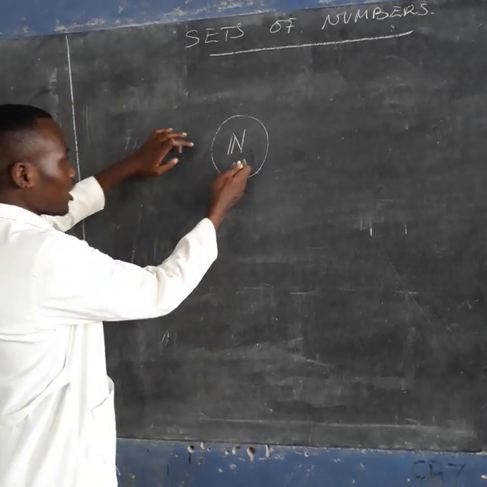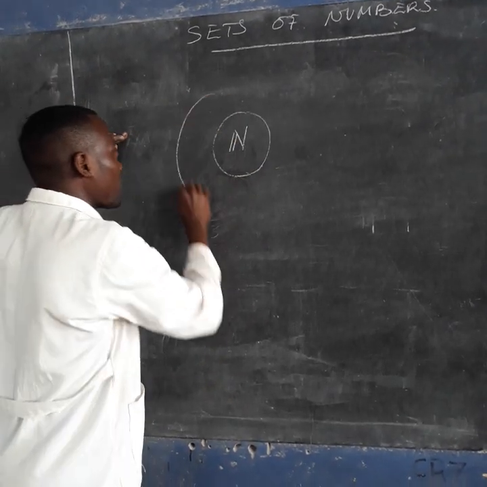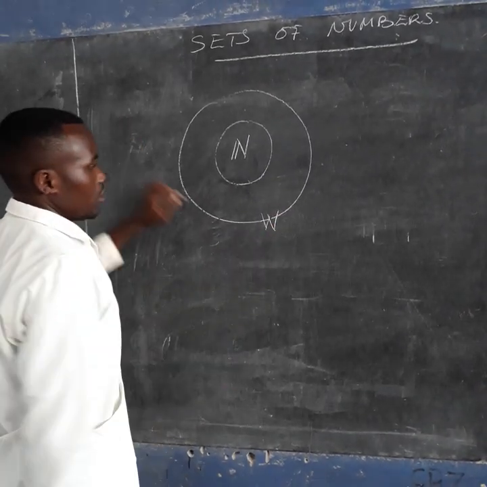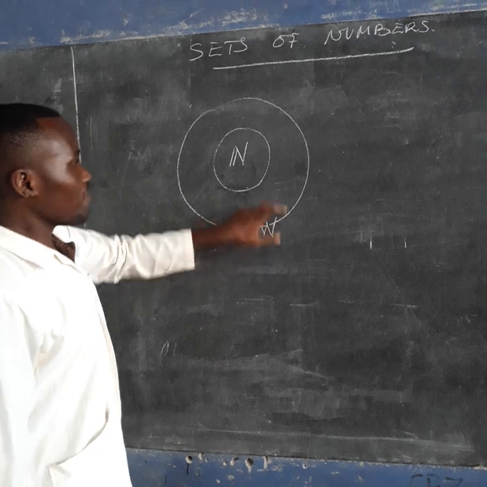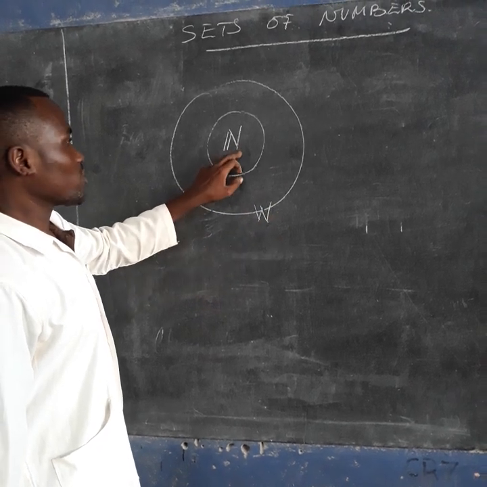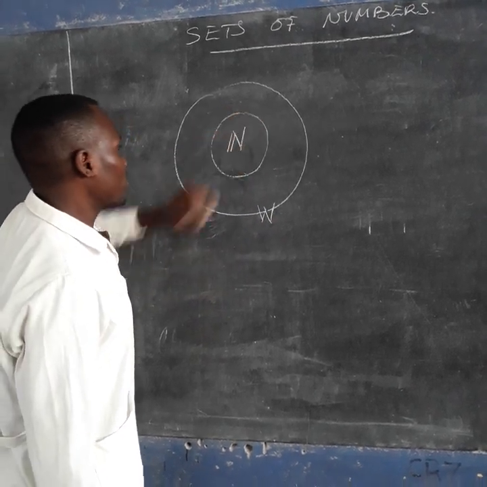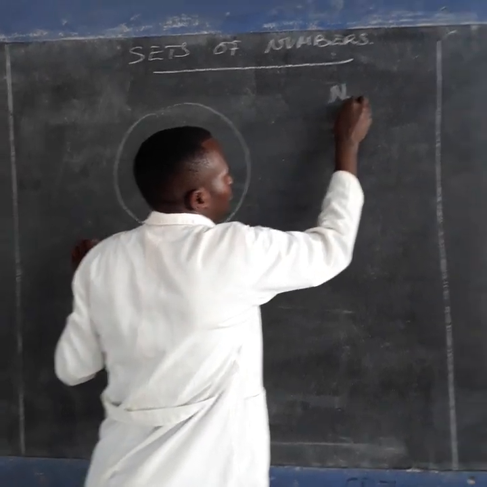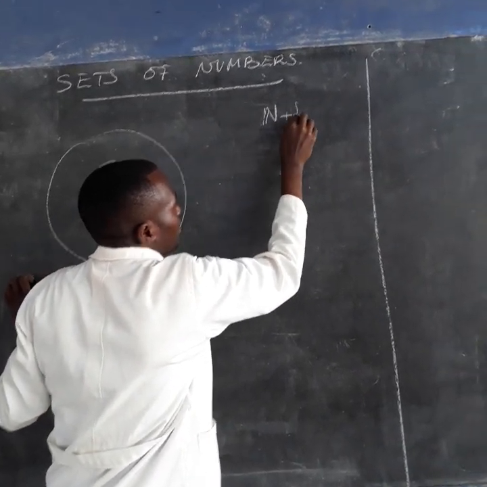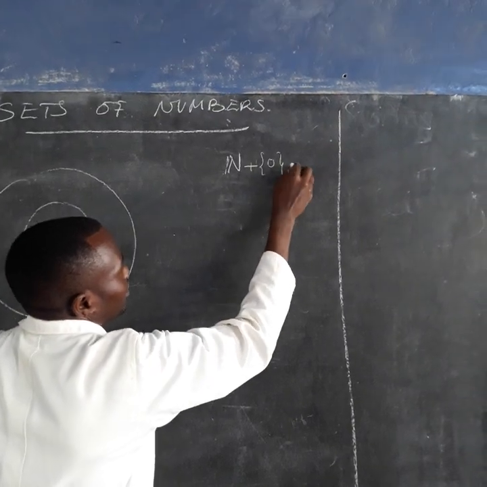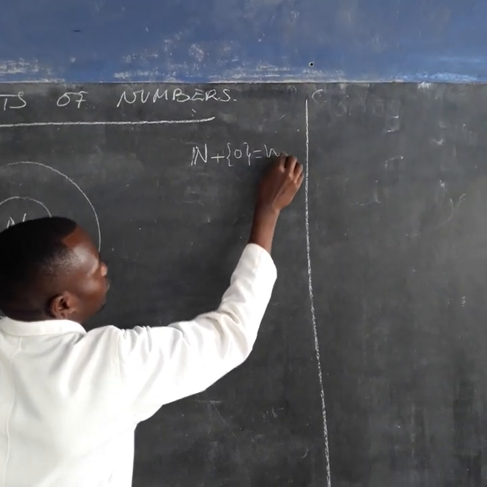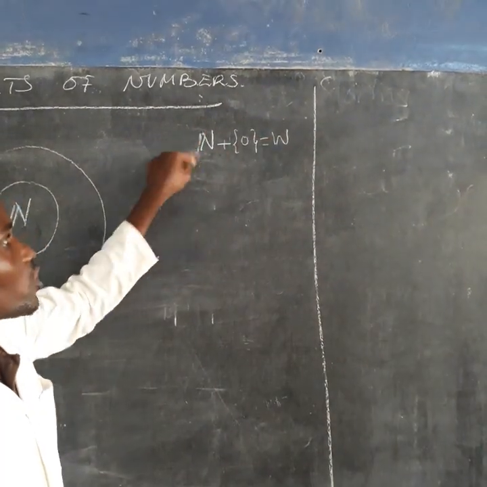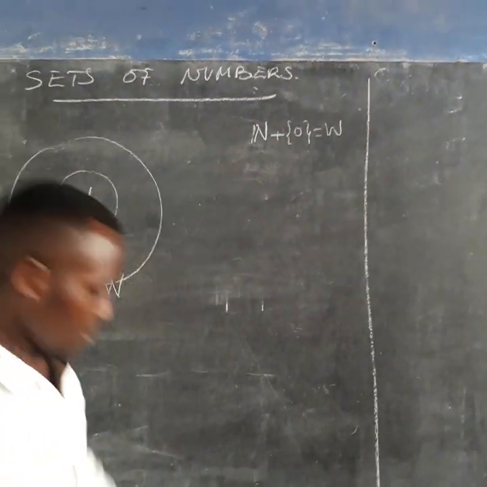So the natural numbers set is smaller than the whole numbers set. When we take natural numbers plus an element 0, we get whole numbers. In that case, the whole numbers set is bigger than the natural numbers set.